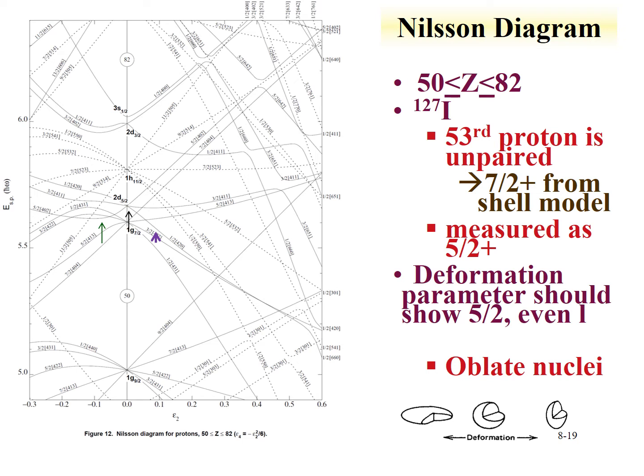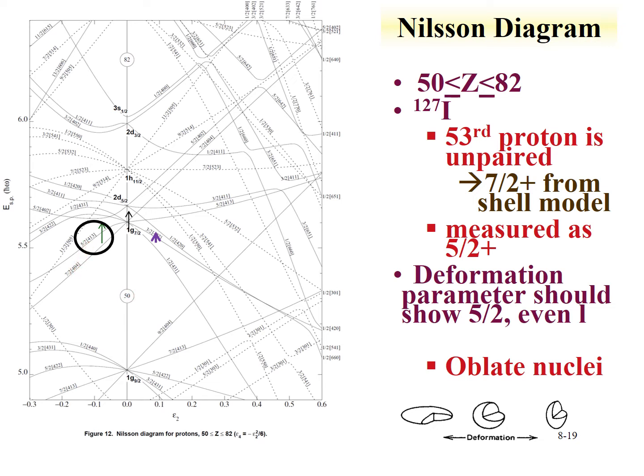So the 50 would be what was defined by the 1G 5/2 over here. 51, 52, 53 here. We actually see that for the oblate nuclei, it would be in this 5/2 shell. 50 would be here. 51, 52 would be in the 7/2. 53 would be in the 5/2 shell.